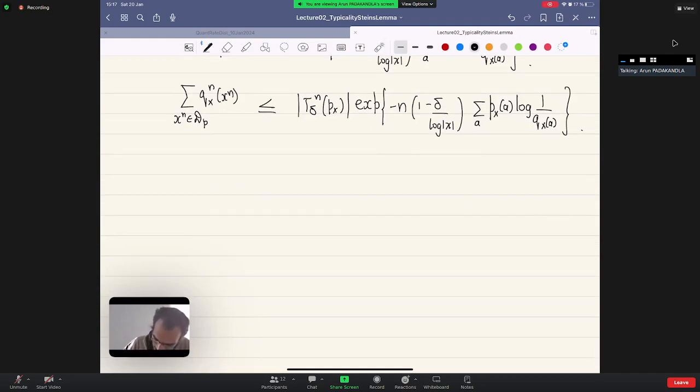And this I know, because the size is at most exp n times h of px plus delta. So all the plus deltas and all those terms, you'll have something like this. So this is at most exp. Let's see.